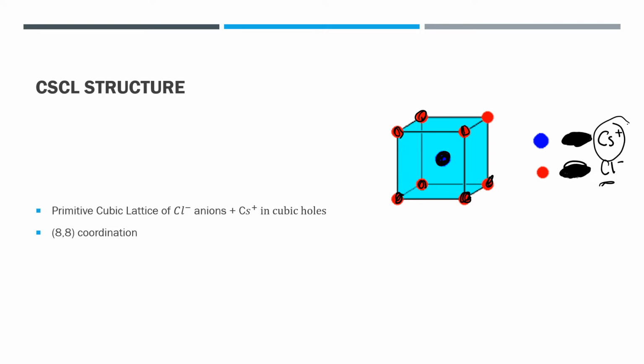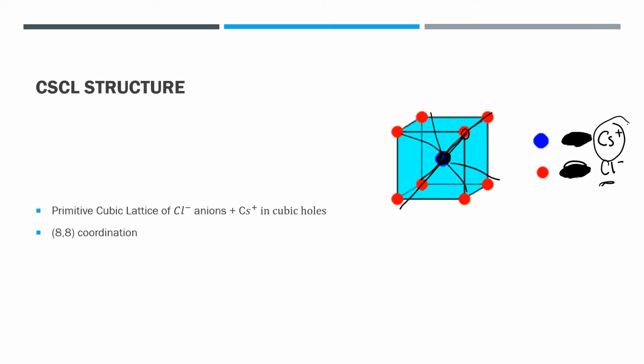This is a little bit obvious to see. If we look at the coordination of a cesium plus ion right here, you see that there are 8 of these chlorides that are its nearest neighbors. We see these 8 chlorides that are its nearest neighbors.